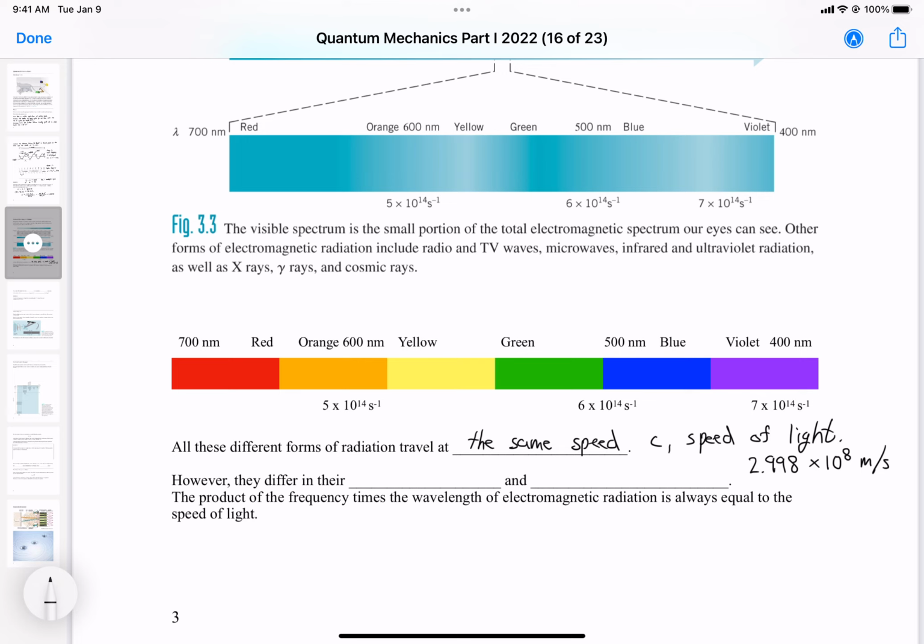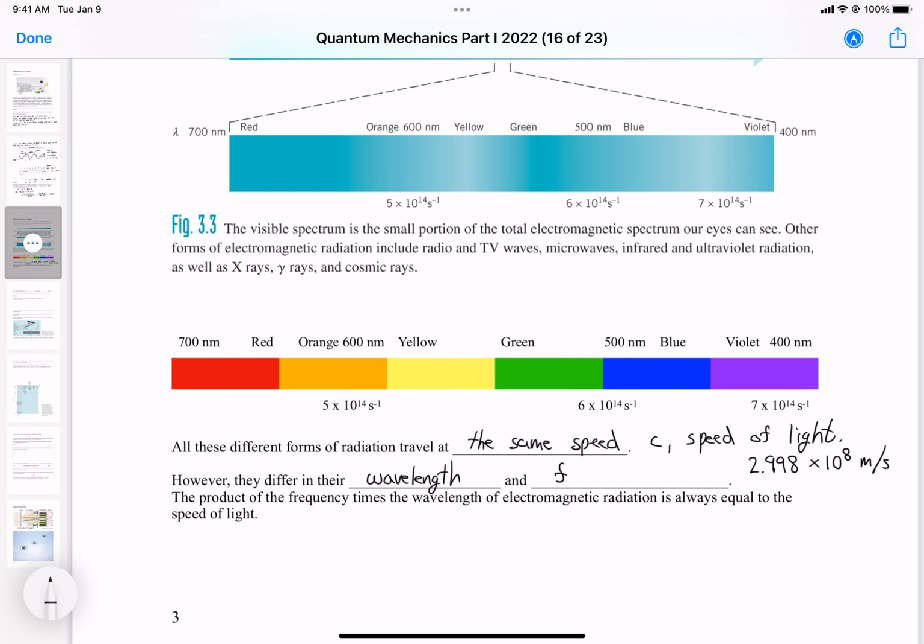However, what's different about these different light forms or sources of radiation is that they differ in their wavelength and frequency.